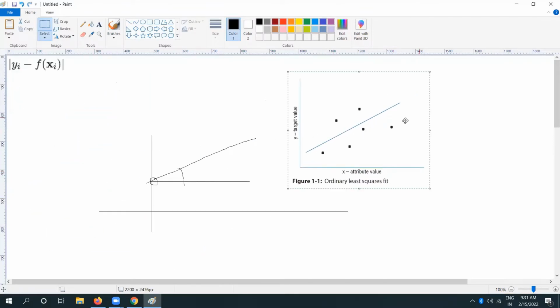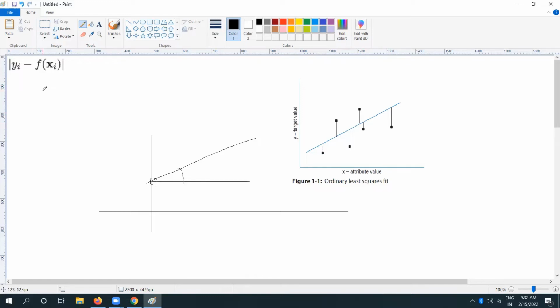What I'm going to mark are your errors. This is your error, this is your error, this is your error, this is your error, and lastly, this is your error. This term over here in the corner represents your error function.